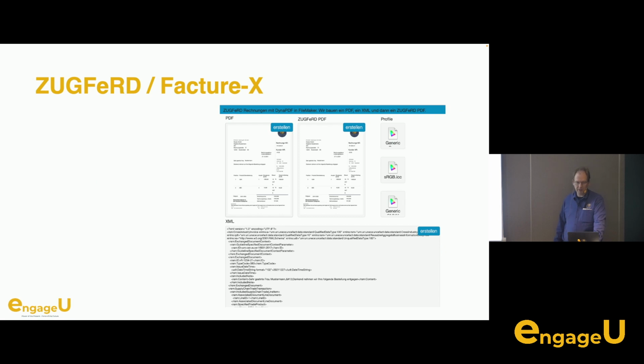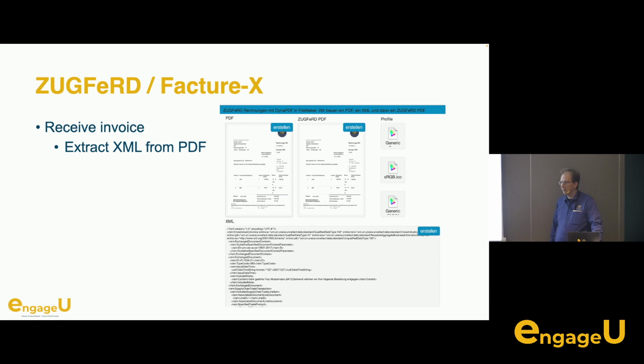Then we have a lot of functions for, please questions later. Yeah. So we have ZUGFeRD functions, or in French, Factur-X, where we have functions for receiving invoices. We have the possibility to read the XML from the PDF file, and then you can use our XML functions to process the XML and get all the values from the invoice into your fields.